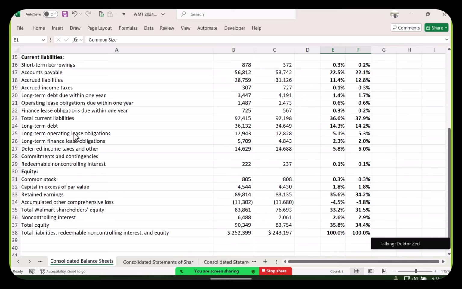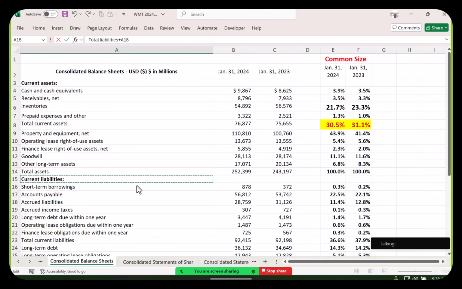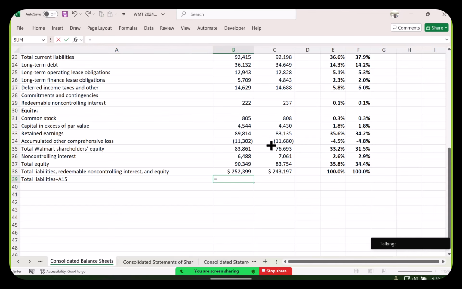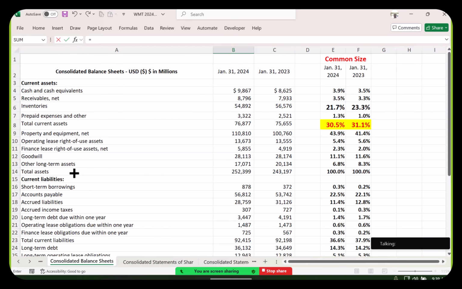As I said, there is no standard, but we can figure it out. As you know, total liabilities are total assets minus total equity.